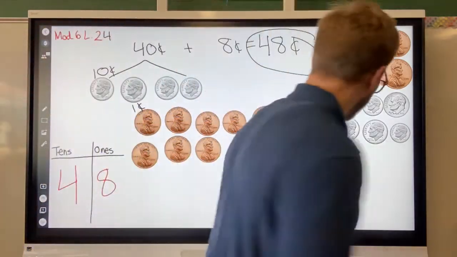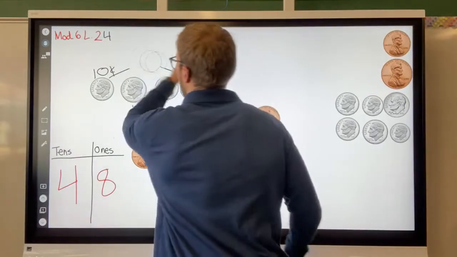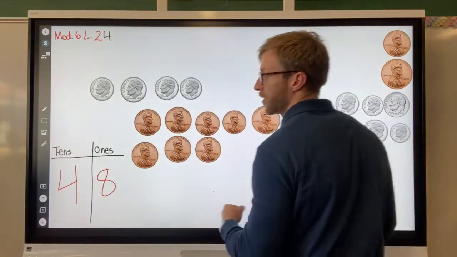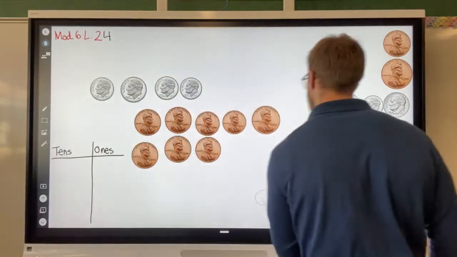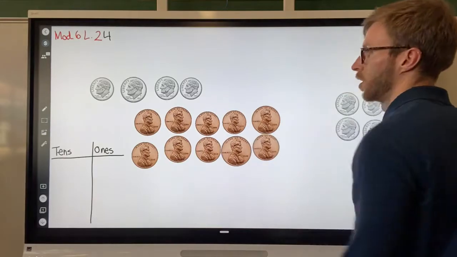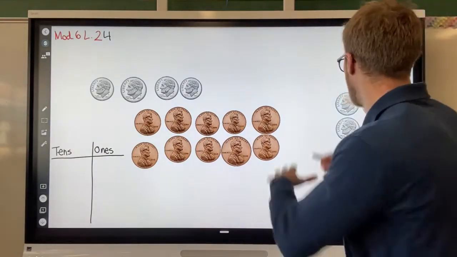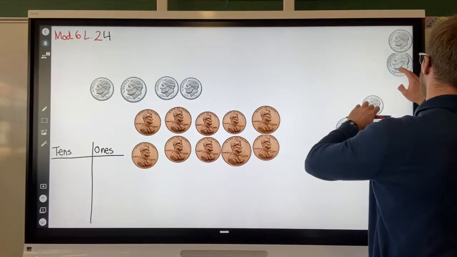Okay, next one. I'm going to go ahead and erase all this. I'm going to put a different amount of change up here, and I want you guys to try and tell me how much we have. Okay, there you go. Don't look at my dimes over here. I'll move them out of our way.